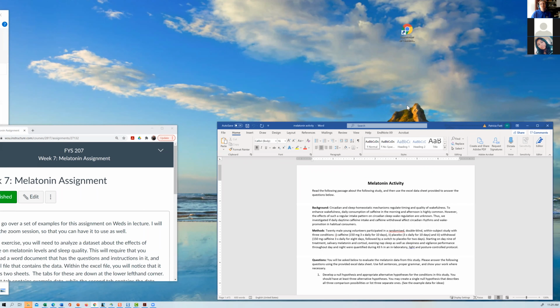So here's the melatonin activity, and I've also got the melatonin data file open as well.